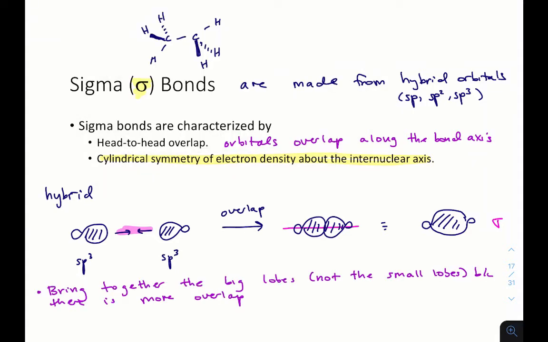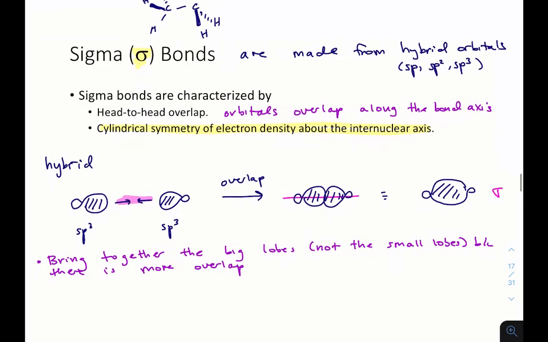A few notes. We've brought together the big lobes of the sp3 orbitals, not the small lobes, because there is more overlap between the orbitals if we bring together the big lobes. So the resulting sigma orbital, the sigma bond, will be stronger if there's more overlap between the orbitals that make it. You can also see that we've brought together the big lobes in phase, meaning they have the same shading.